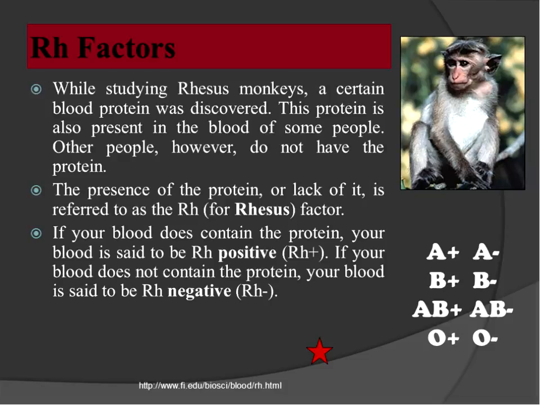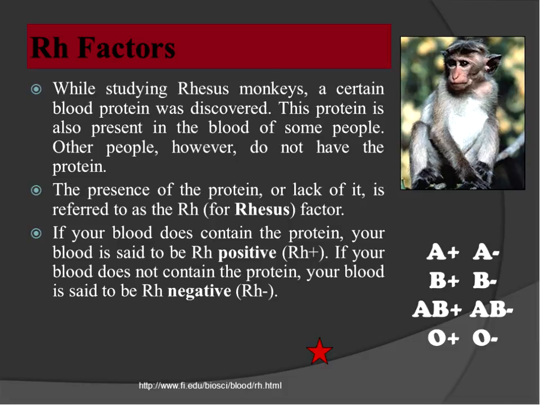All right, there is one other protein marker besides the A and the B protein markers, and that's called the Rh marker. This was discovered while people were studying the rhesus monkeys, and that's why it's called the Rh factor. It's named for the rhesus monkey. If you have this Rh factor, which some people do, then you are considered positive.